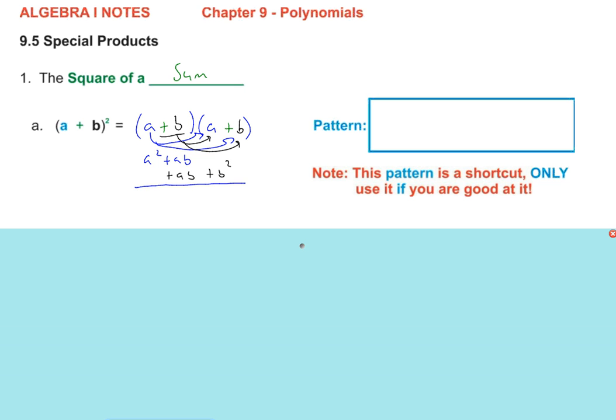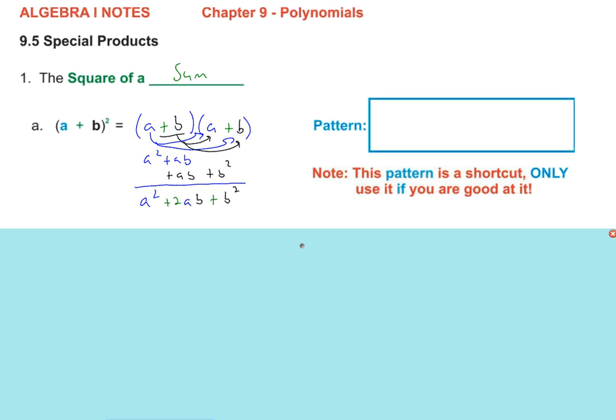Grand total. A squared, I'm going to use my green right here, plus two of them, right? One of them plus one of them is two of them, plus 2ab, and I'm going to use my black here, B, and then finish in black, plus b squared.